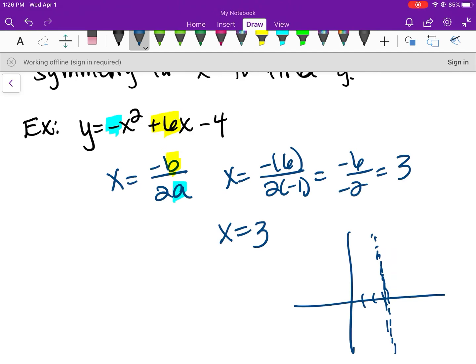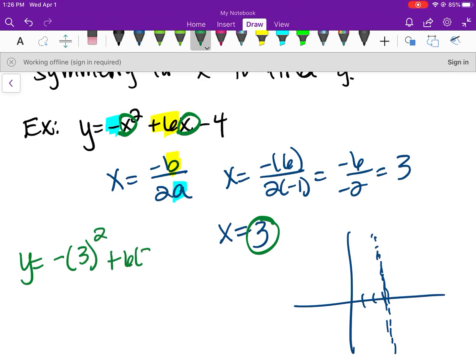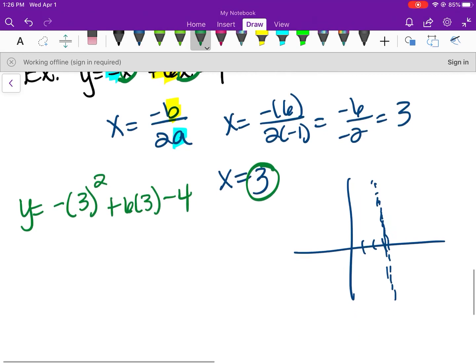Now I want to find exactly where the vertex is. I am going to substitute this 3 in for x to find y. So y equals negative 3 squared plus 6 times 3 minus 4. 3 squared is 9, so this is negative 9 plus 18 minus 4.